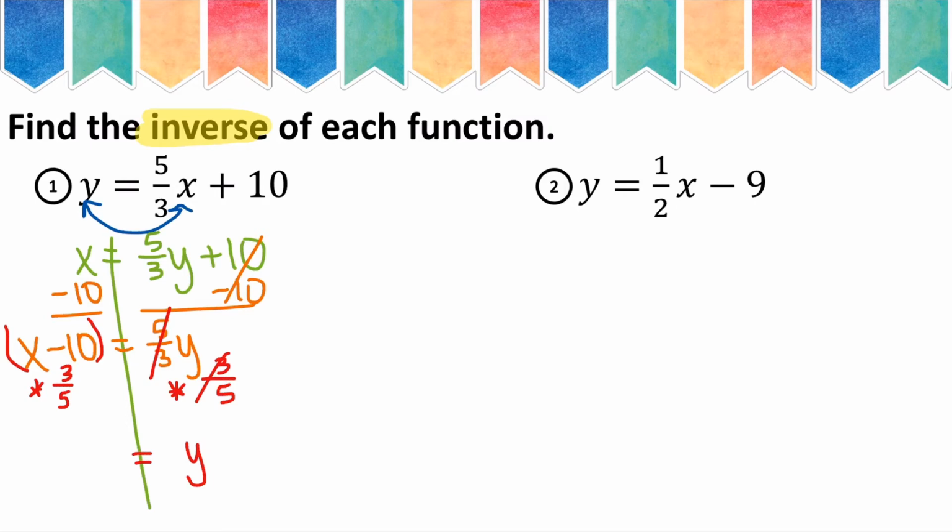So I will take 3/5 multiplied by x, which would make 3/5 x, and I will take 3/5 multiplied by negative 10. So negative 10 multiplied by 3/5 would make negative 6.